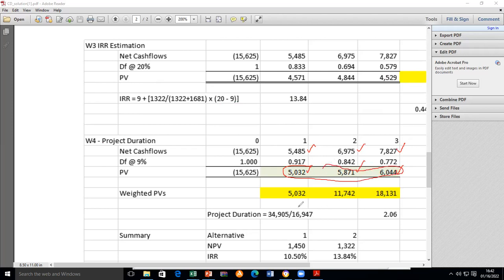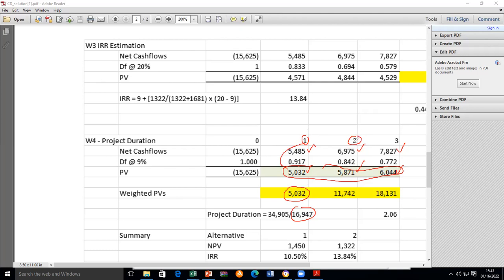Once you add them up, you get 16,947. Next, to find the weights, we multiply each one of these by the year.